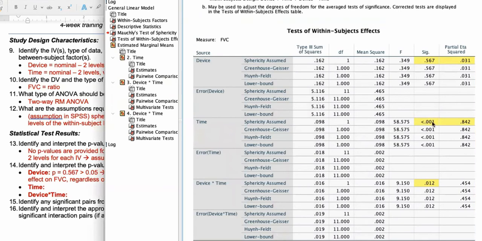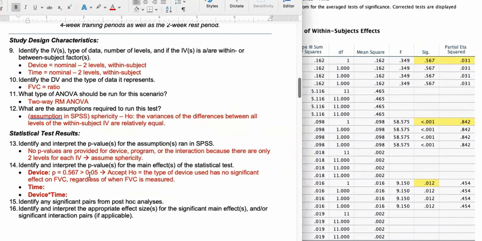The p-value for time is listed as less than 0.001. So we can write that. That's less than 0.05. So in this case, we would reject the null.